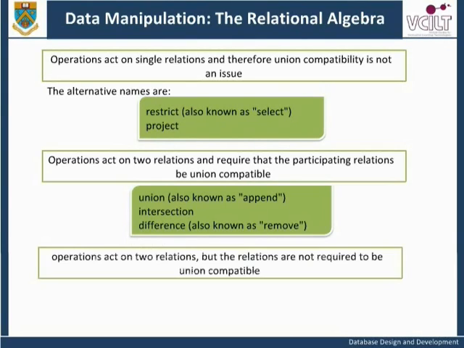The next operations act on two relations, but the relations are not required to be union compatible. Cartesian product, join, division. The relational algebra refers to a collection of operations that act on relations and produce relations as a result. Each of these relational algebra operations is described, and its use is demonstrated later.